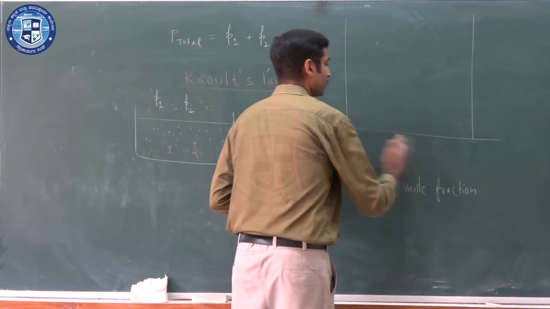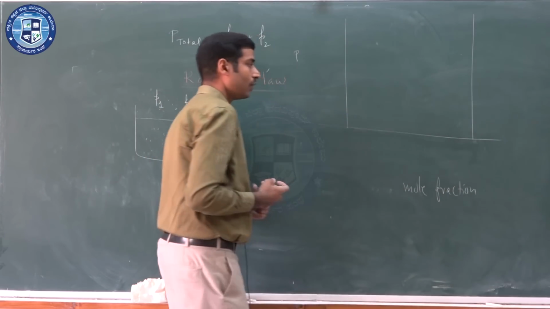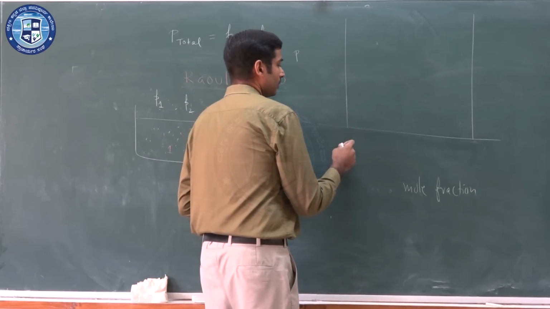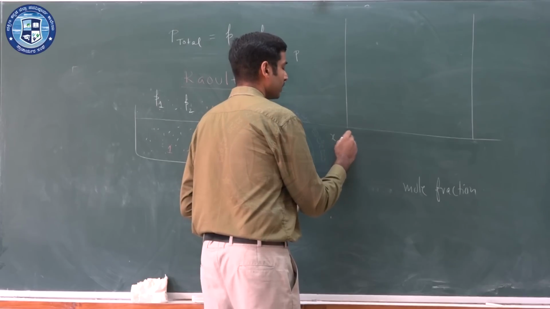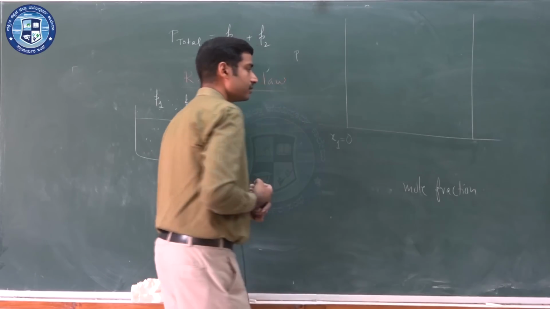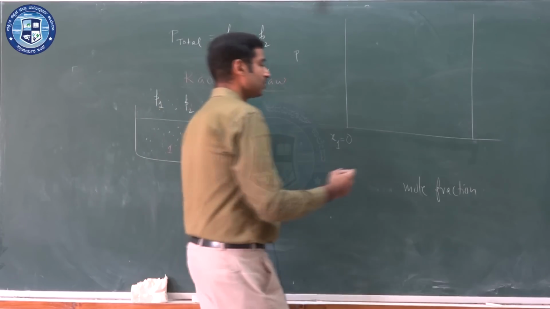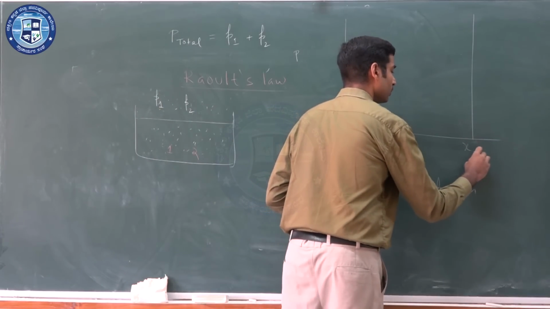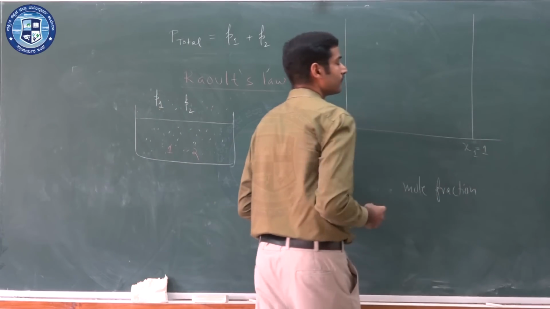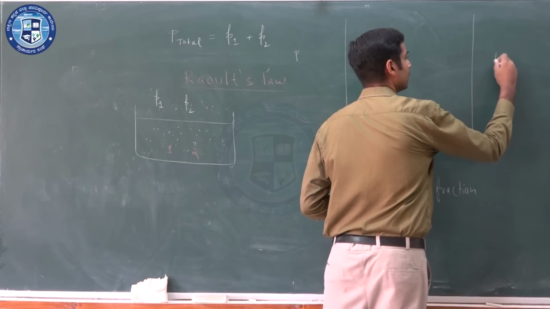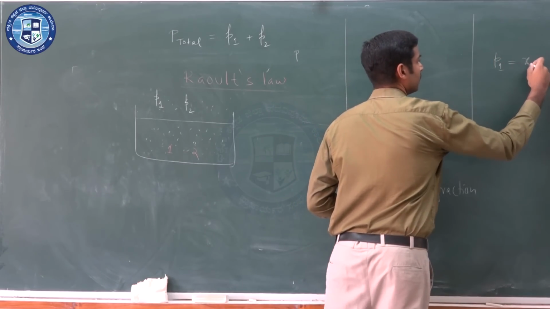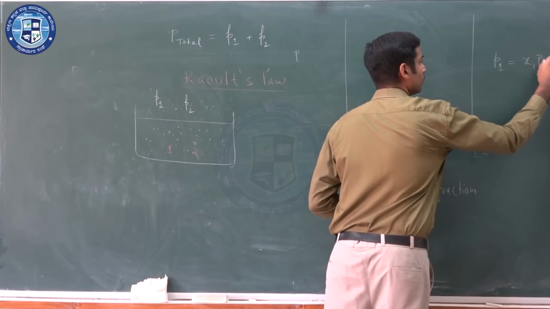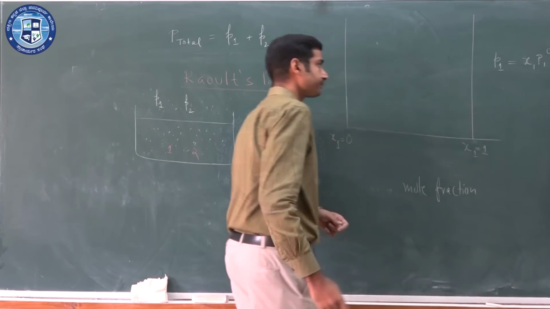Now, let me take component 1. If I take component 1 along the x axis, the starting point mole fraction of component 1, assume that it is 0 and the maximum value will be equal to 1. And what I understand is partial vapor pressure according to Raoult's law is equal to x1 into P10.